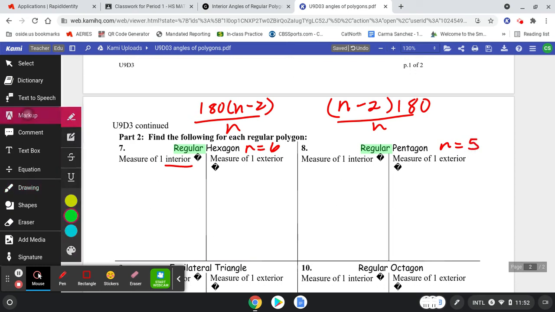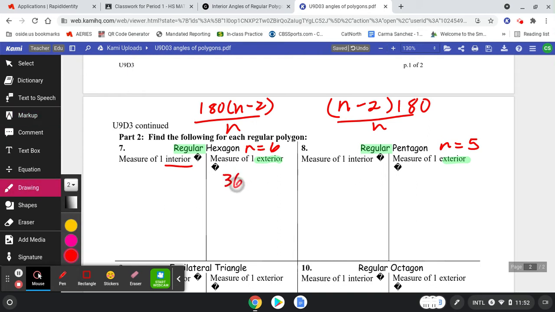Now, what about the measure of the exteriors? Remember that the exterior is always equal to 360. So to find just one of them, we're just going to take the 360 and divide by n, the number of sides, and that'll tell us each of the exterior measures.